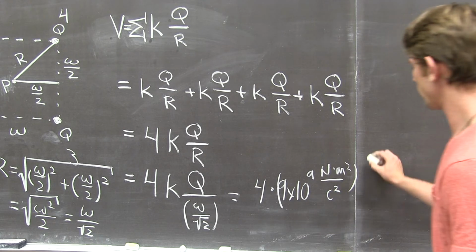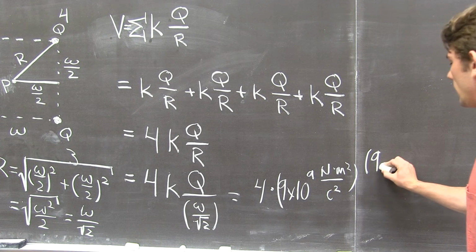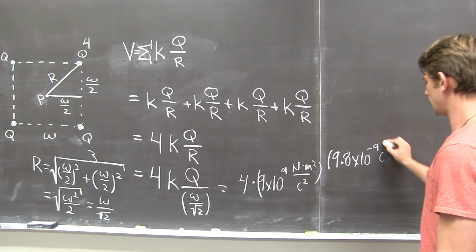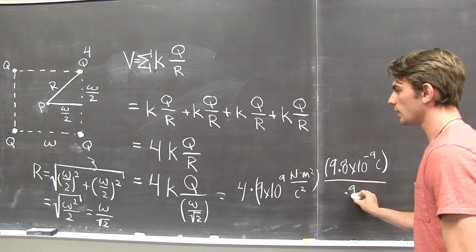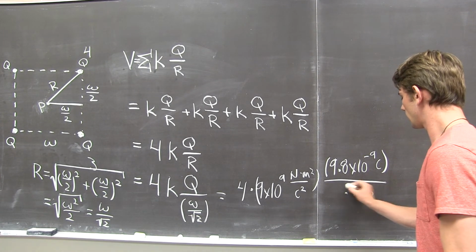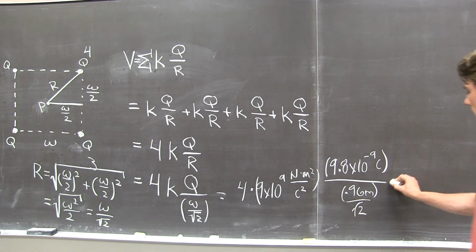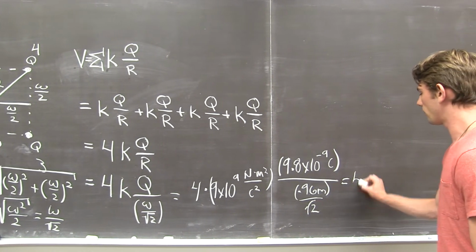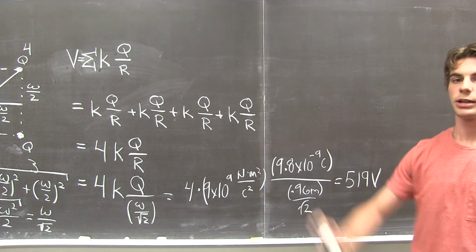There's K. The charges Q are 9.8 times 10 to the negative 9 coulombs. And the length W is 0.96 meters. And then that's divided by the square root of 2. And this ultimately gives an electric potential of 519 volts at the center of that square.